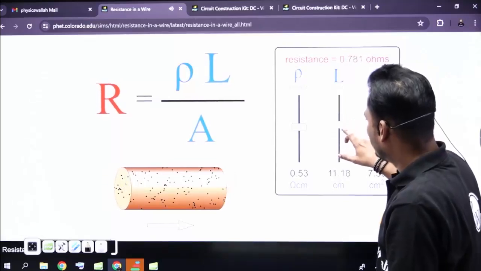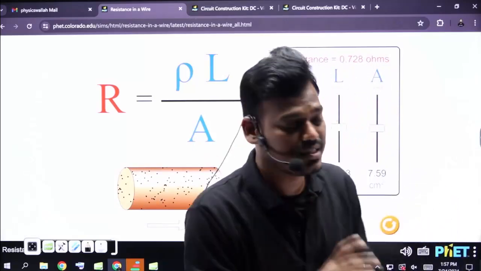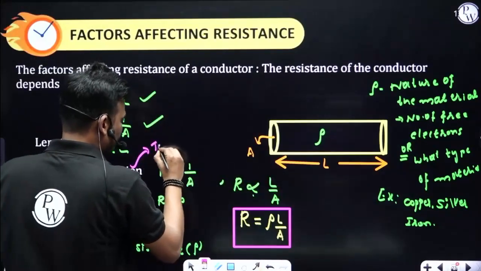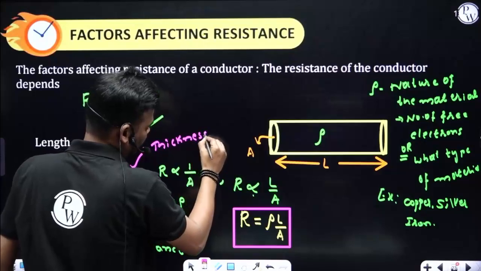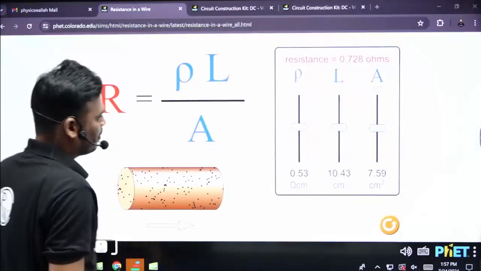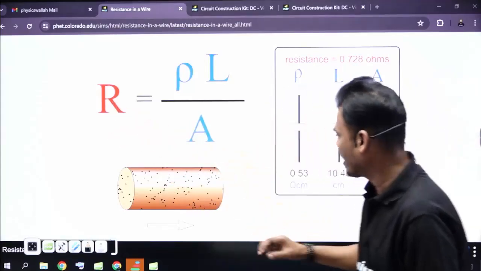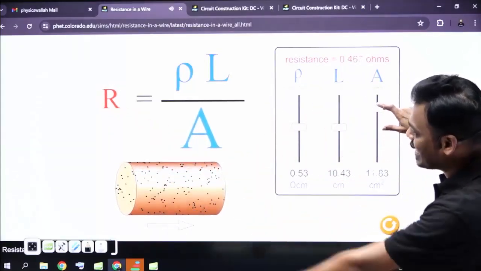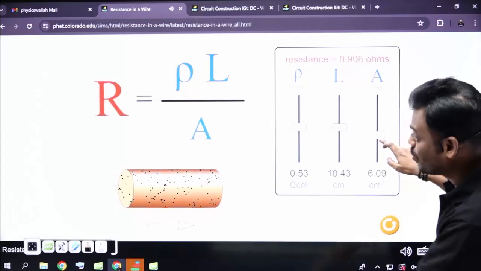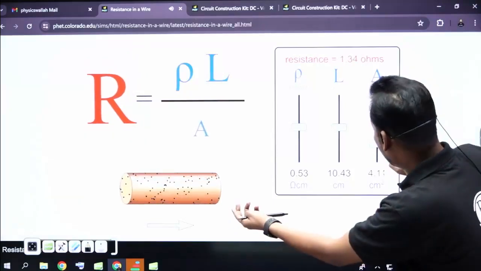Now I'll keep the length constant. What if I increase the area of cross section?